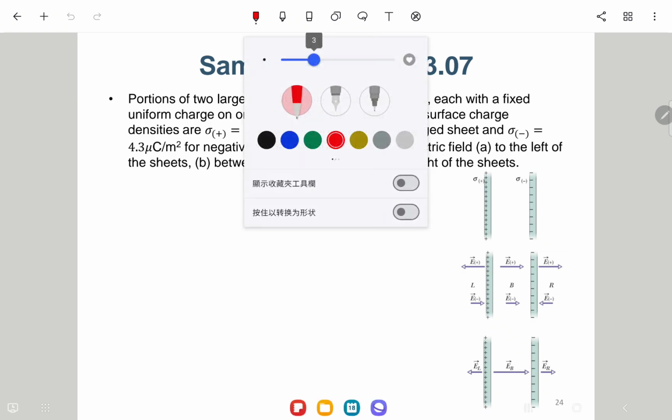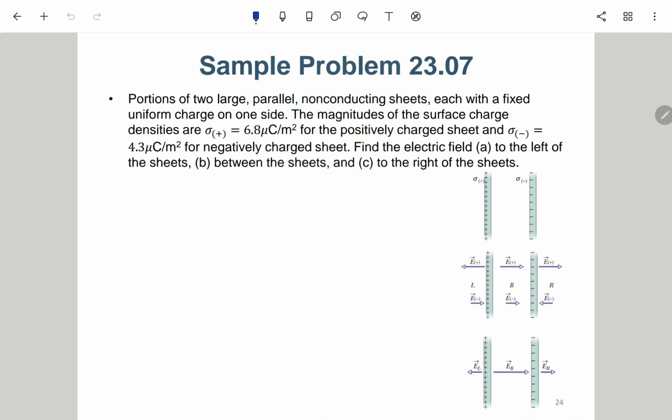We can just use the equation in the previous page, where E plus is sigma plus over 2 epsilon naught, which means half of it is on the left side and half on the right side.